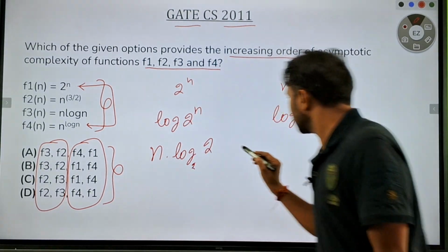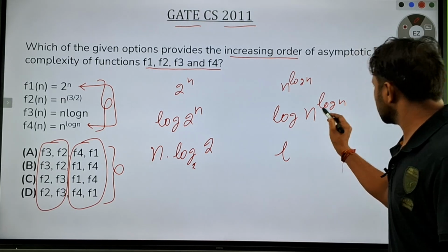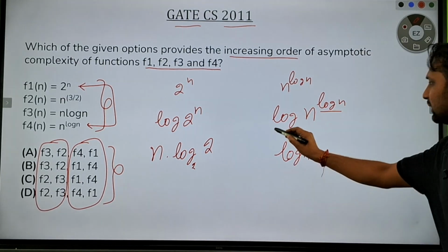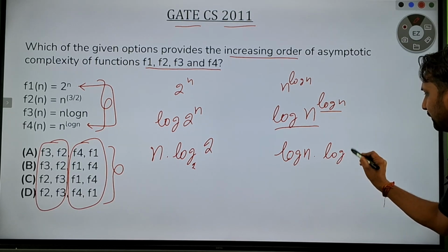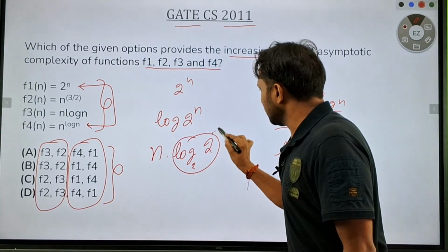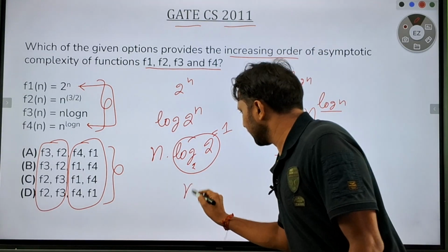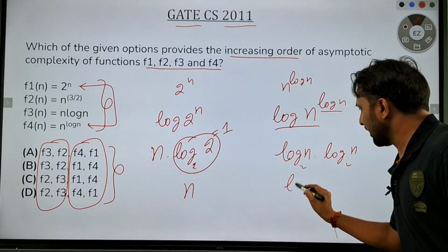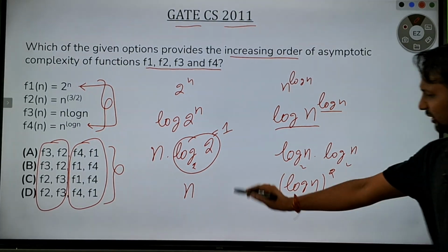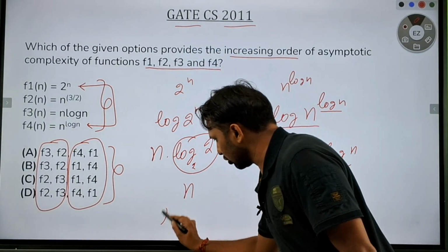Let me take base 2 on both sides. So here also this will come in the front, log n into log n, base 2 you can write. So this is 1 actually, and here we are left with n. Here we have log n square. Still, if we are not able to compare, again you can take the log on both sides.